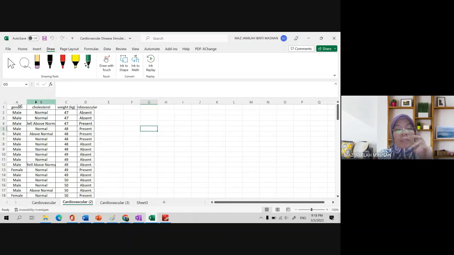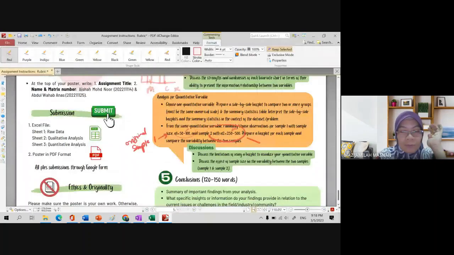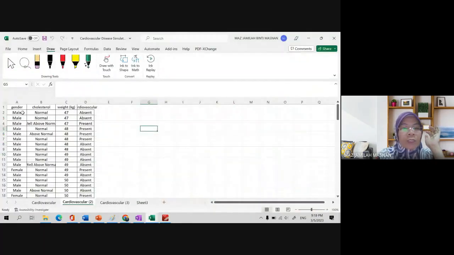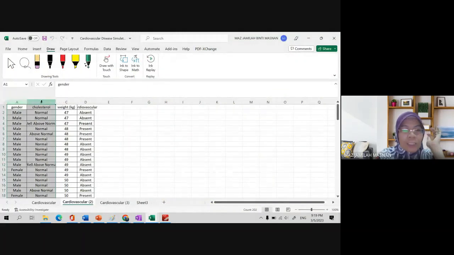As I mentioned, please find groupings that have three or more groups, so that when you do the second objective, that will be on this one. For the qualitative, choose two qualitative variables and represent the bivariate analysis. That means you are going to include these two variables in your graph.